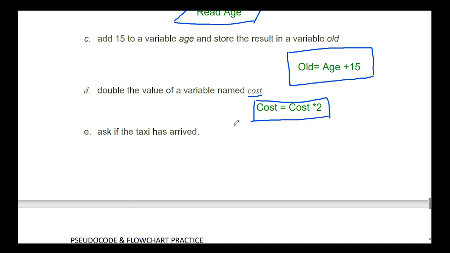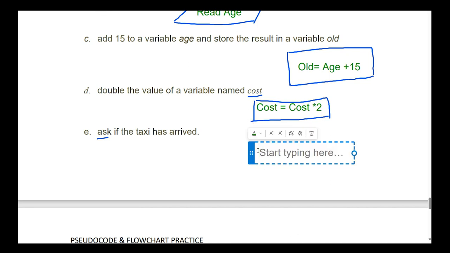Ask if the taxi has arrived. Ask. From your asking, you know it's a decision, yes or no. The answer would have been a yes or no. So you would have to put that in a decision box. So let me see if I can do this better. It would be, has taxi arrived?